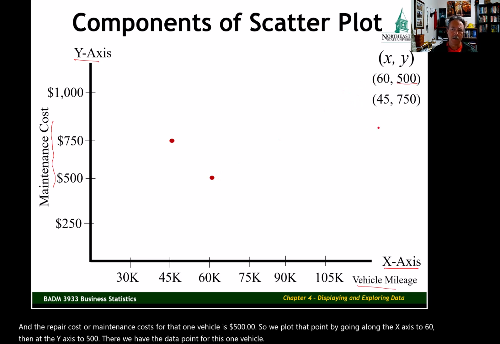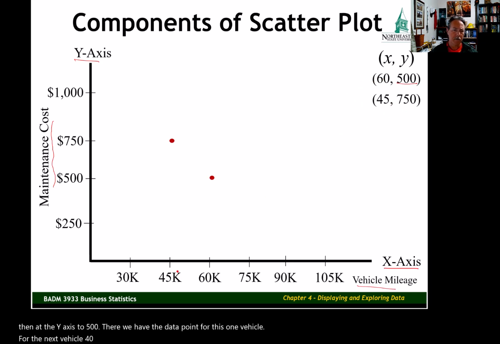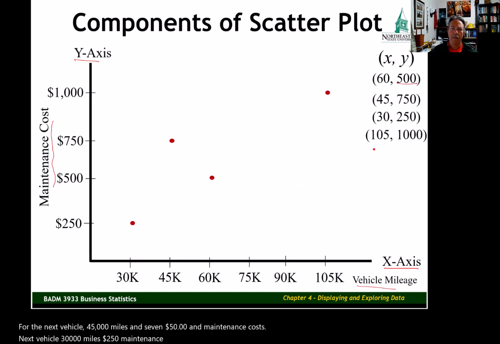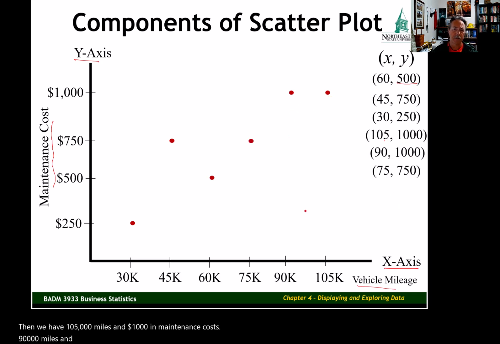For the next vehicle, 45,000 miles and $750 in maintenance costs. Next vehicle, 30,000 miles, $250 maintenance costs. Then we have 105,000 miles and $1,000 in maintenance costs. 90,000 miles and $1,000 in maintenance costs.